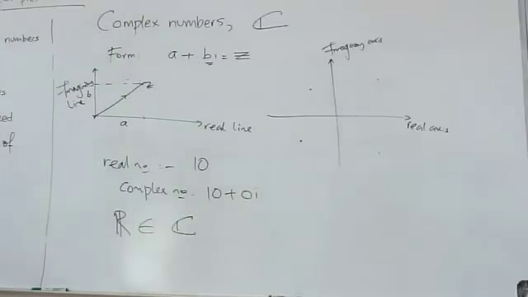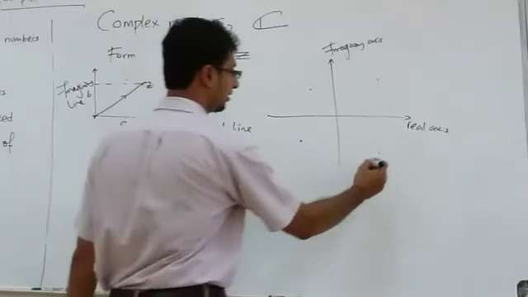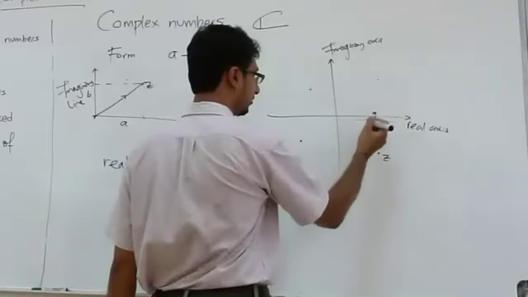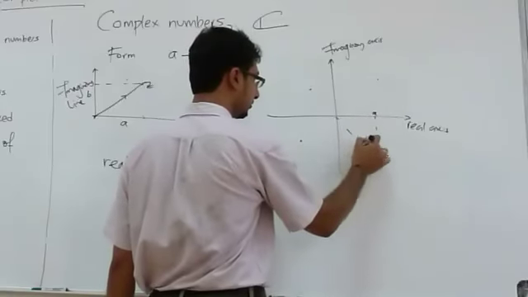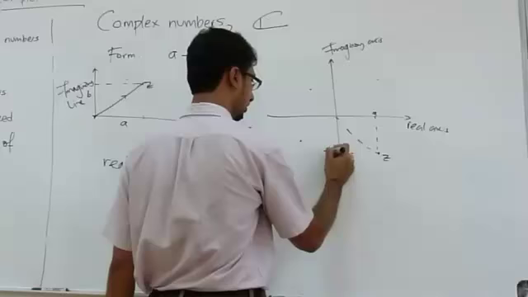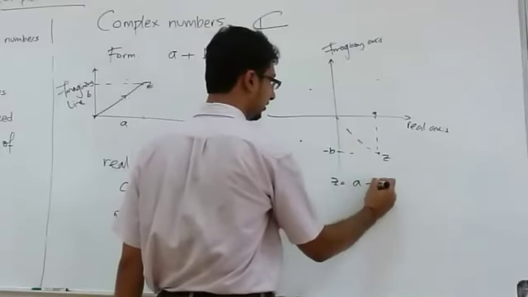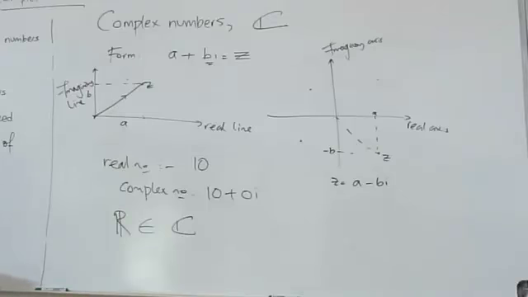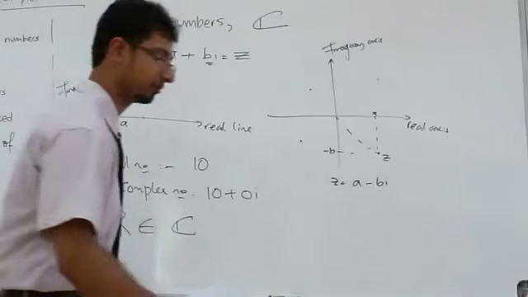So it just becomes negative BI, depending on where it is. This point here should be a combination of a real number A and negative BI, so Z is A minus BI. Okay? So that's complex number 4.